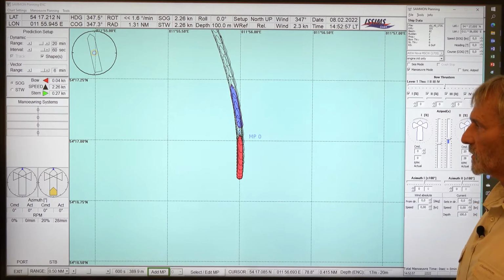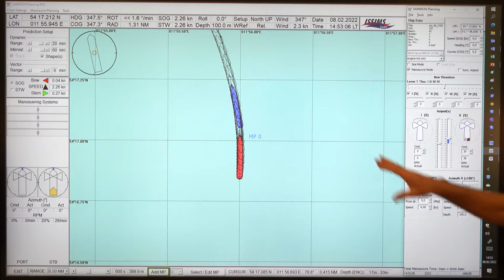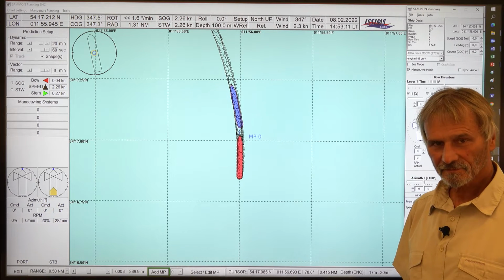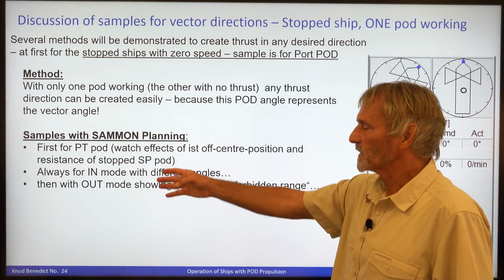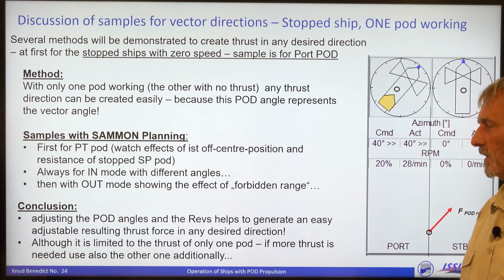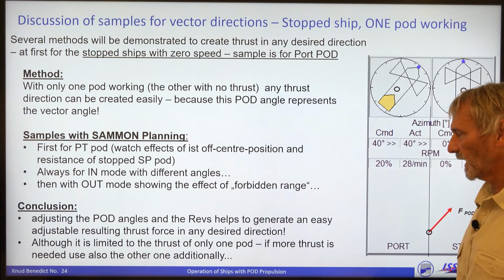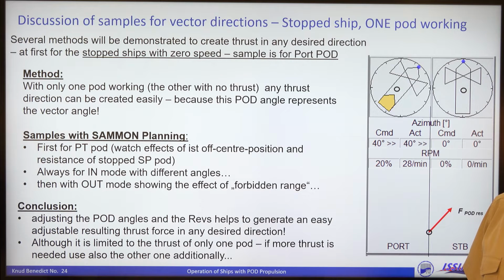Okay, this is something we could explain for only working with one pod and for the ship at rest as the initial situation. To sum it up, these were the samples we have shown, and now we have to draw a conclusion. The conclusion is: adjusting the pod angles and the revs helps to generate an easily adjustable resulting thrust force in any direction.